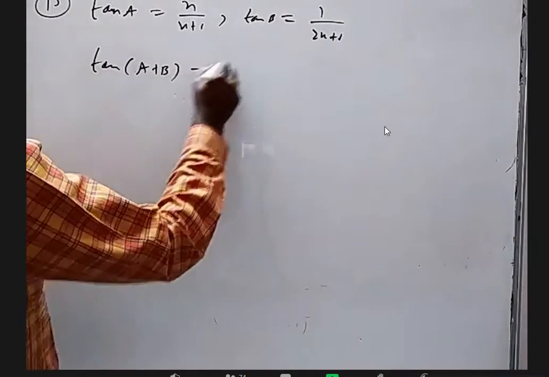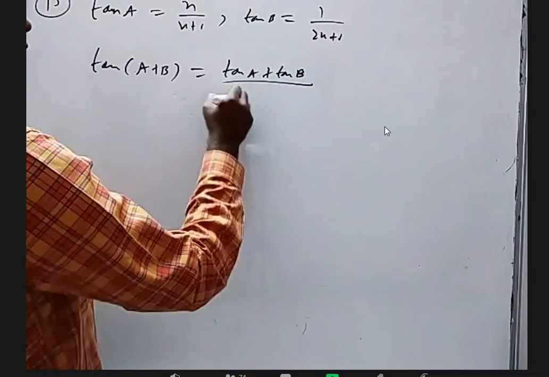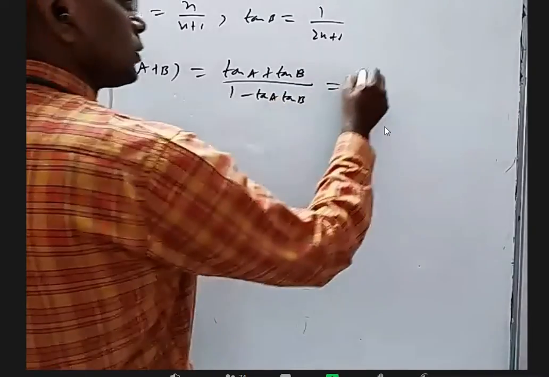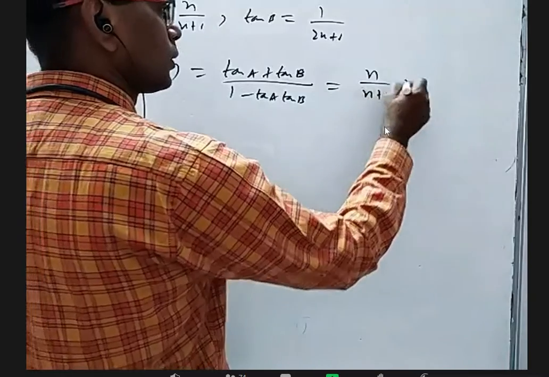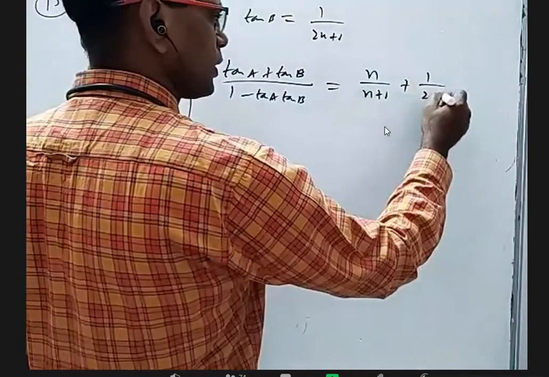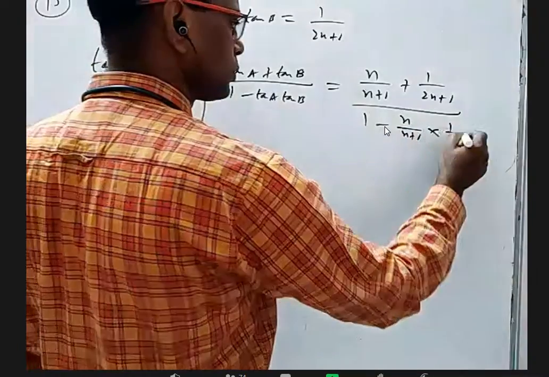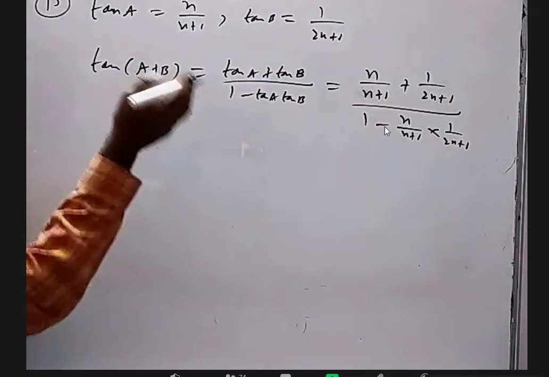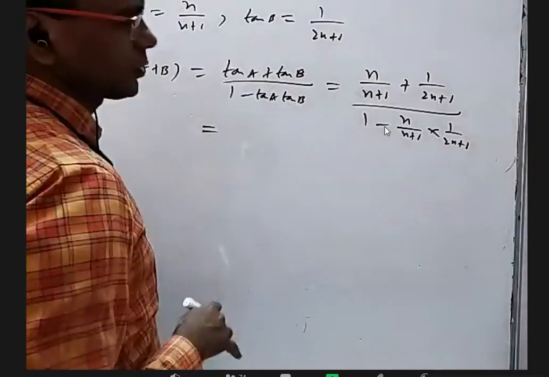Tan A plus B is tan A plus tan B by 1 minus tan A tan B. This is n by n plus 1, this is 1 by 2n plus 1, by 1 minus n by n plus 1 into 1 by 2n plus 1. Just substitute, n will get cancelled. The question is given such that it will get cancelled.